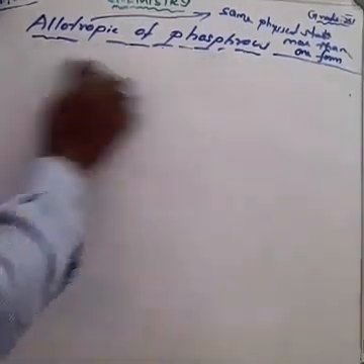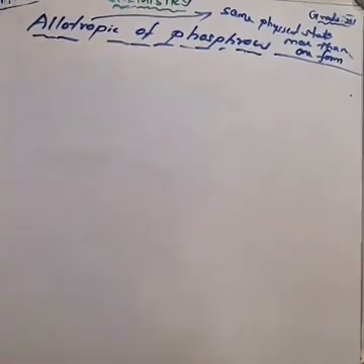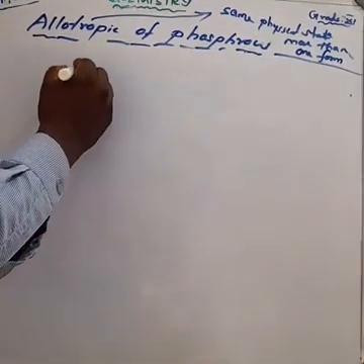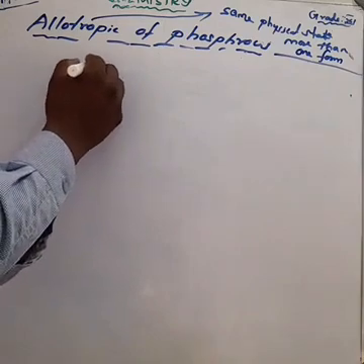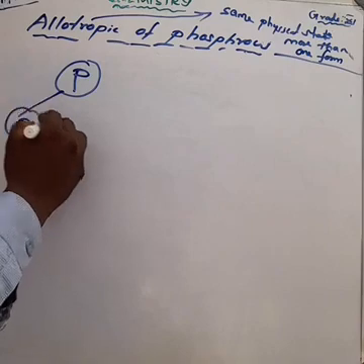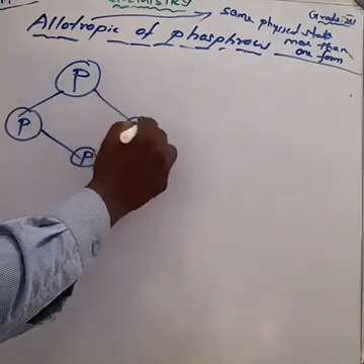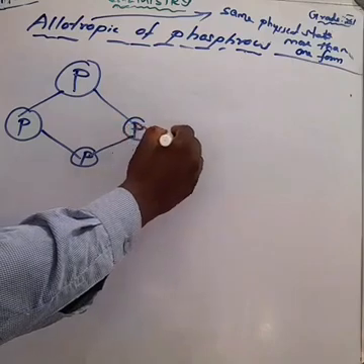This is about the phosphorus. Next we can draw the structure of red phosphorus. Same like that. Phosphorus, phosphorus, phosphorus, phosphorus, joined tetrahedrally, am I right?